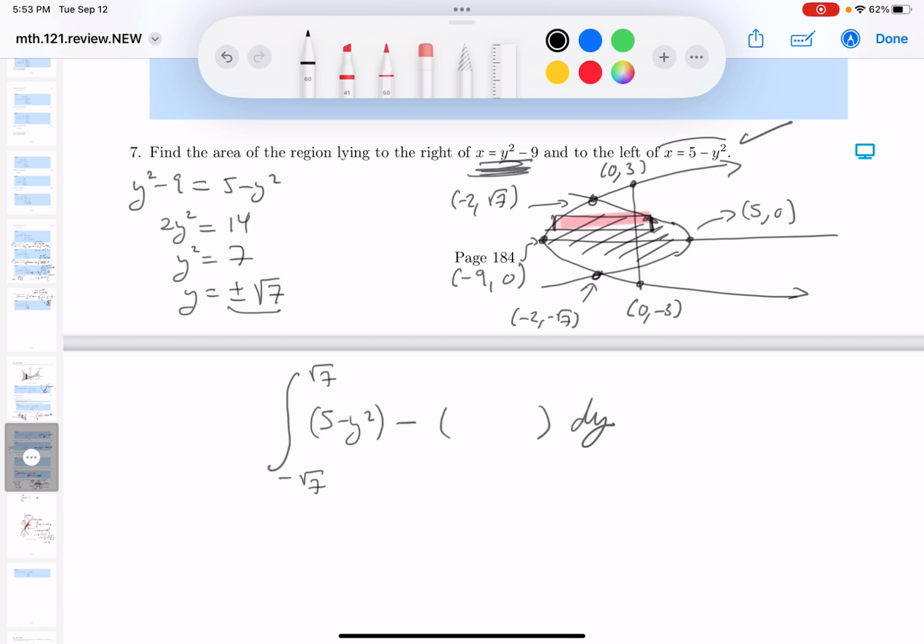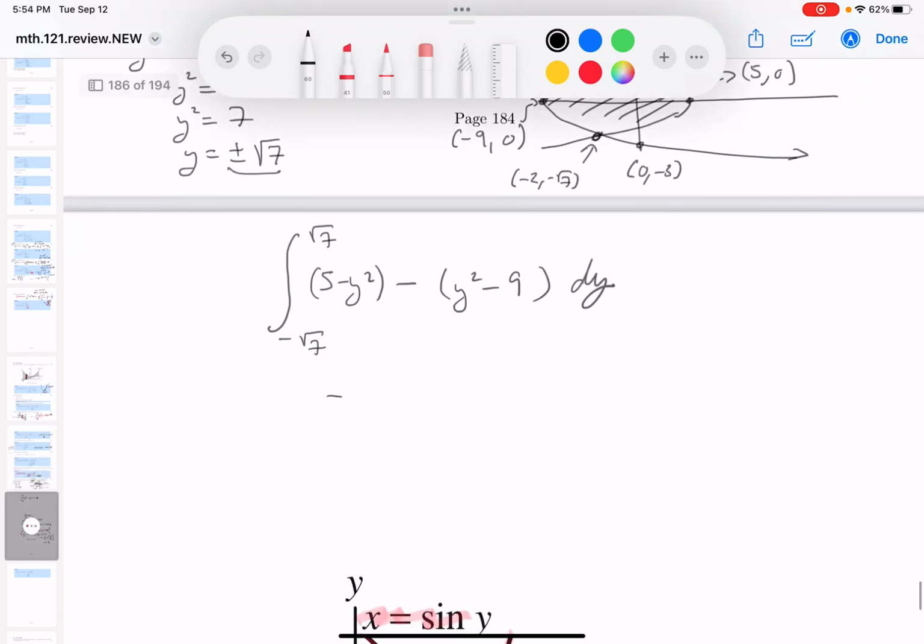minus the lower curve. What's the lower curve? This one over here, so it's y squared minus 9. Let's go through the process. You're going to get 5 minus a minus 9, which is going to be 14, and then you can get minus 2y squared dy.